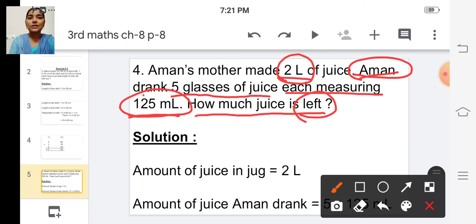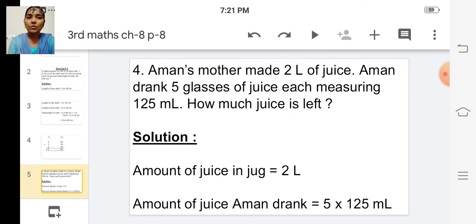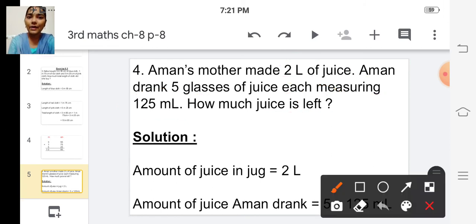In this problem they have asked the amount left, so we have to subtract. What do we subtract? We subtract the amount Aman drank from the total amount of juice.